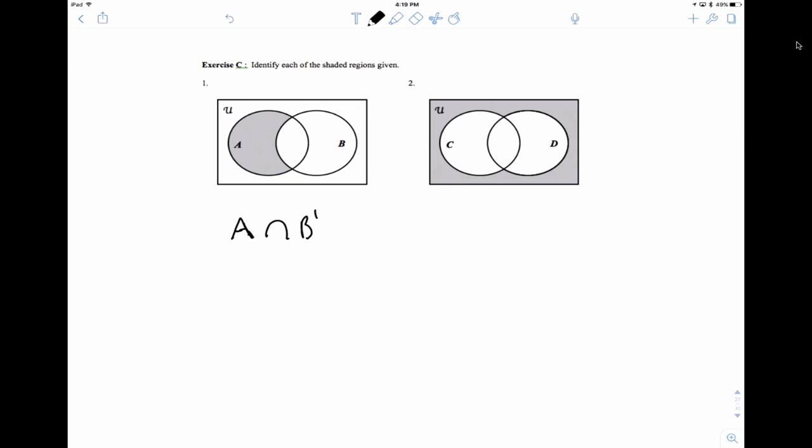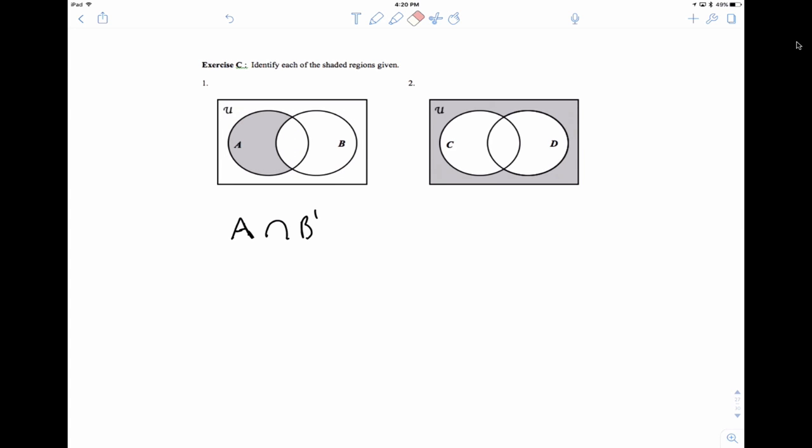Because not B is all this. And A is all that. So that which is both is what's shaded. Not together, but both overlapping.